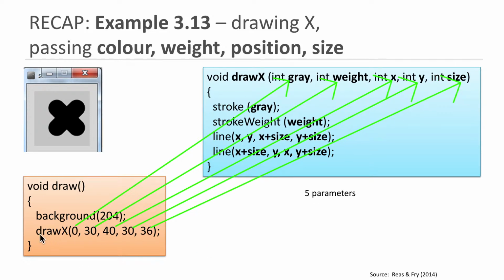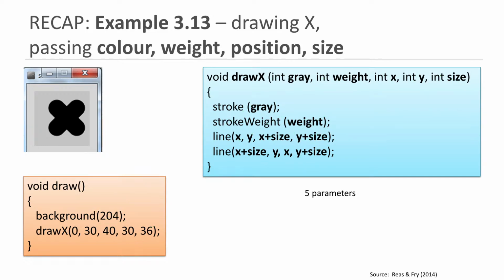So we're passing values from a method call into the method definition. The method definition has these parameters or arguments, is another word you might hear. And effectively each one of these is a data type and the name of the local variable that's going to be used in the method. We can then use those local variables, arguments, or parameters, whichever term you prefer, inside the definition of the method. So this one has 5 parameters.